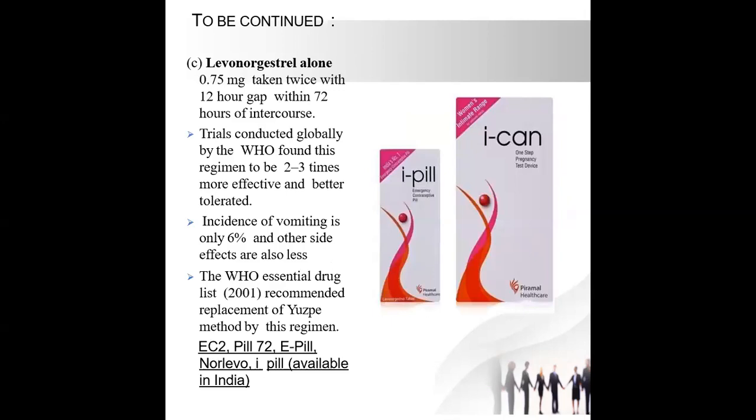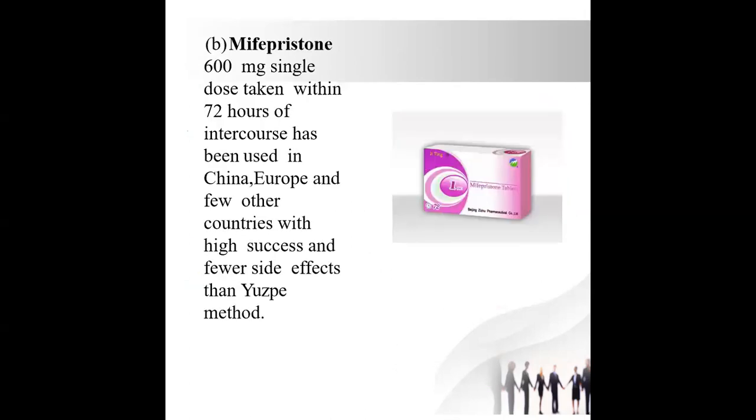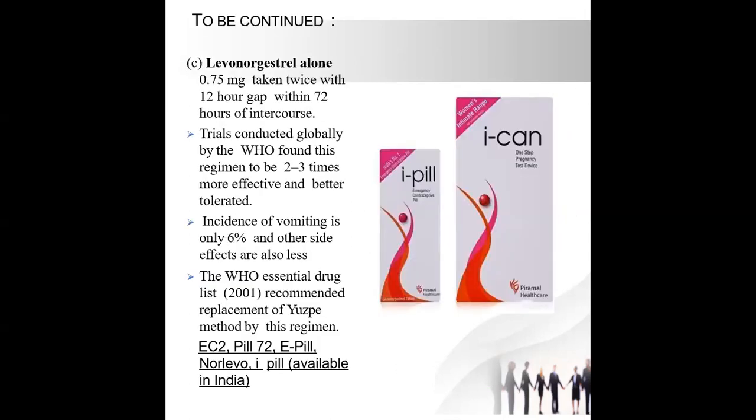Then there is levonorgestrel alone, which is available in the form of 0.75 milligrams. This is the third regimen. So the first regimen is Ovral, levonorgestrel with ethinyl estradiol, the second regimen is mifepristone, and the third regimen of postcoital contraception is levonorgestrel alone, as a single pill of 0.75 milligrams, taken twice with a 12 hour gap within 72 hours of unprotected intercourse.